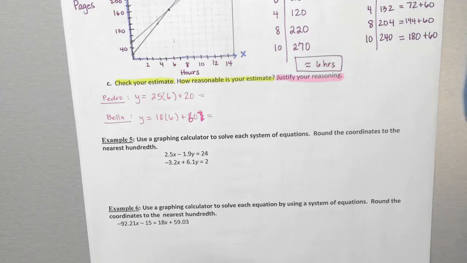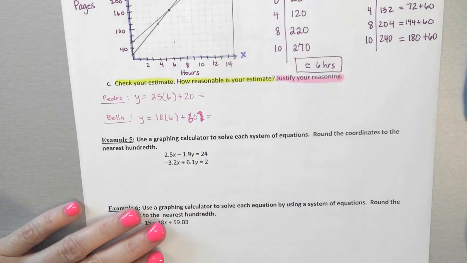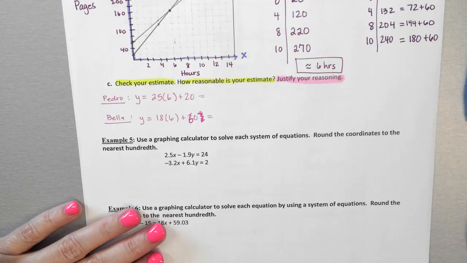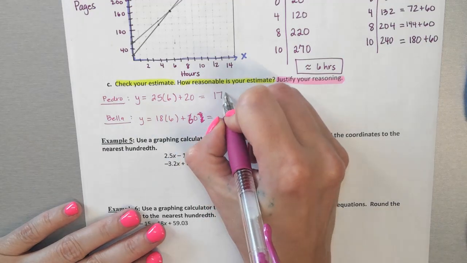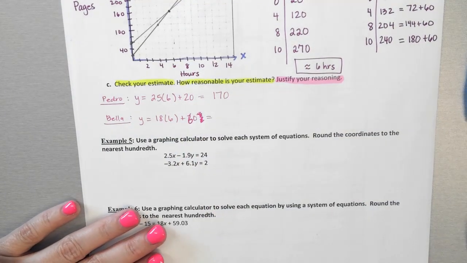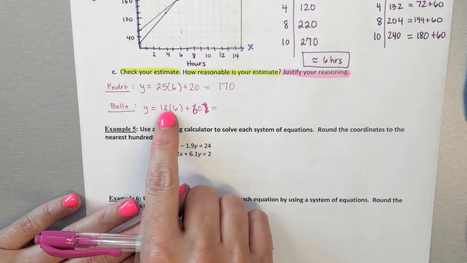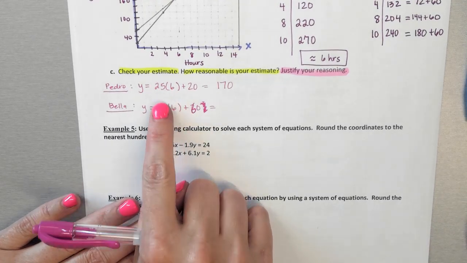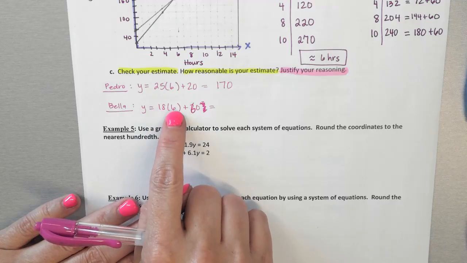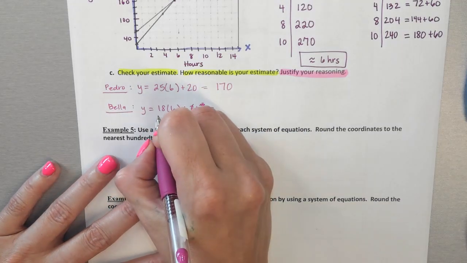We know 25 times 4 is what? 100. So if we have 2 more, yep, it's 150. So 150 plus 20, 170. When you're doing a number that's not as nice as this, you can just do 10 times 6. What's 10 times 6? 60.